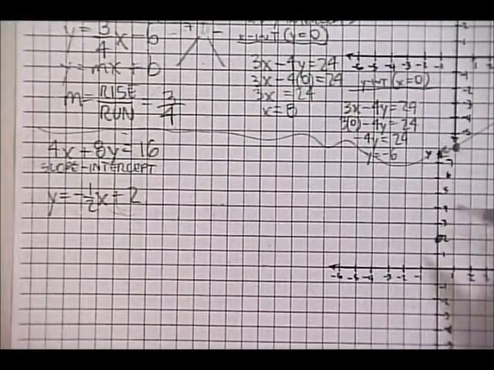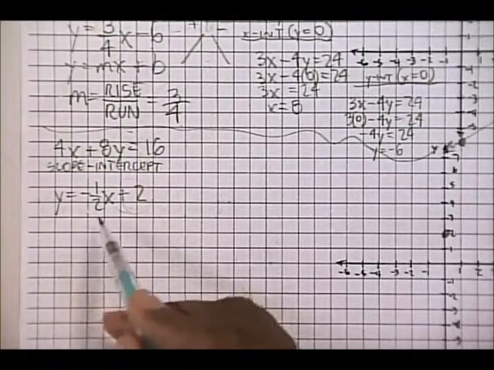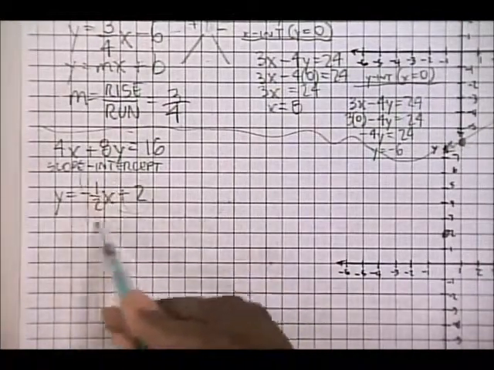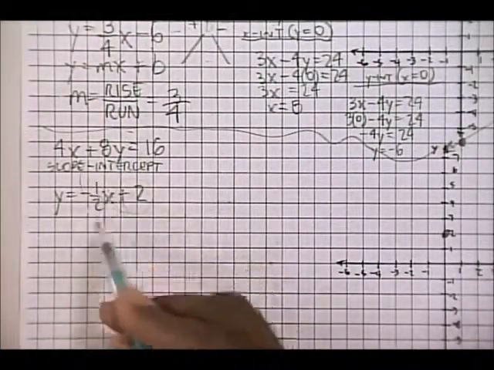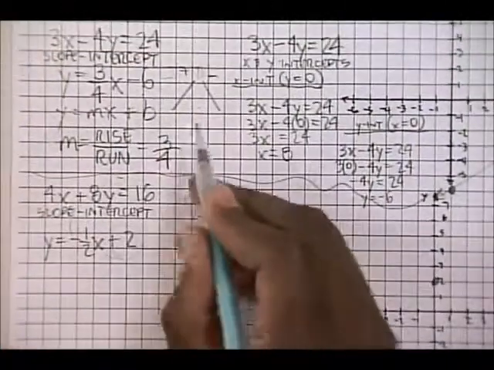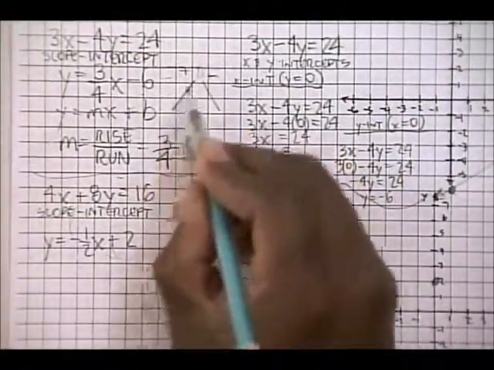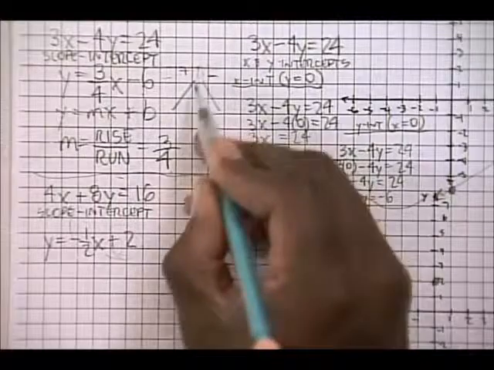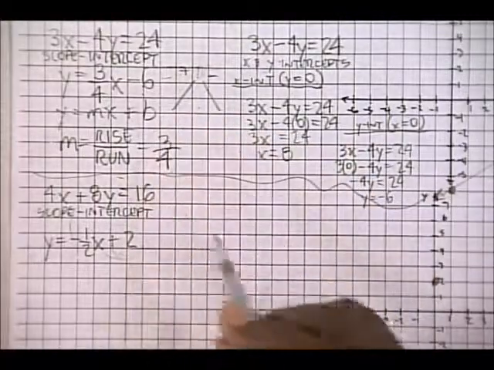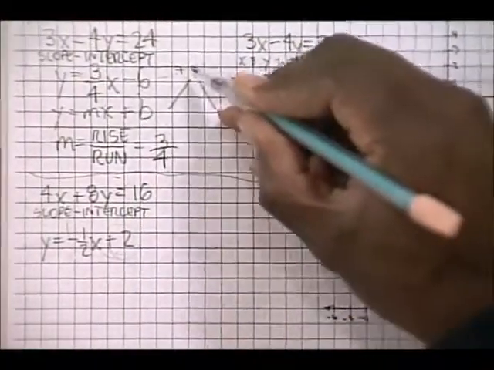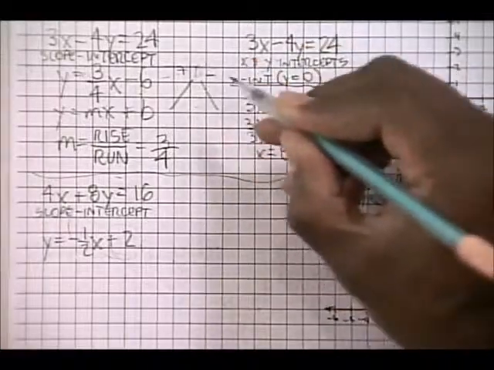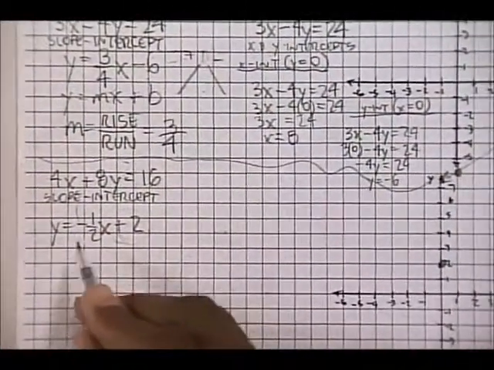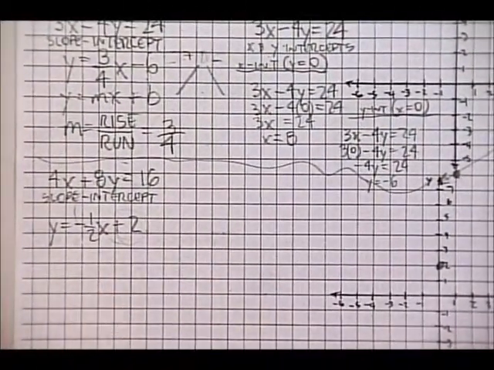Then I told you, you plot the second point using the slope. And the slope is negative. In the last problem, I told you a line that's up and to the right, traveling from left to right and rising, is a positive slope. Traveling from left to right and falling is a negative slope. Notice in this problem, we have a negative slope.